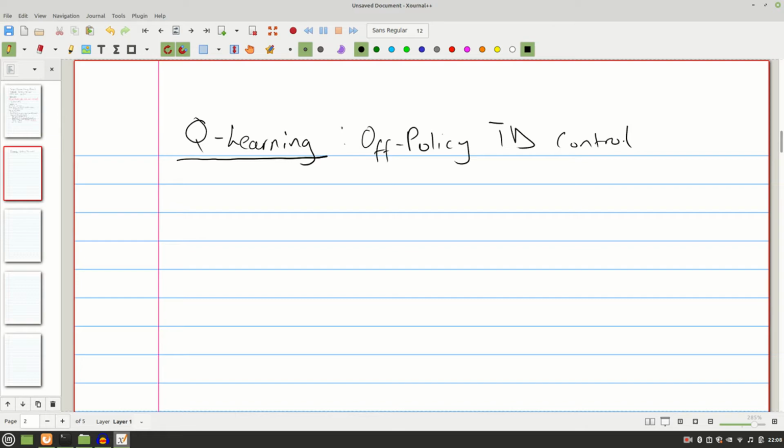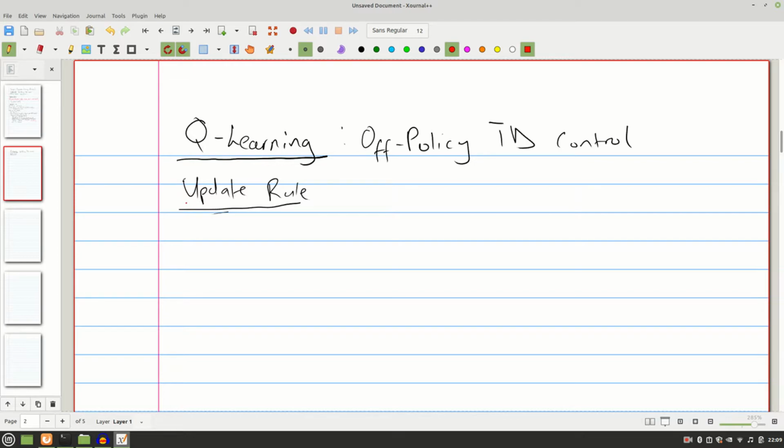First things first, to talk about this, we need to extend from where we came from with SARSA. So let's start with the update rule for this algorithm. What's the update rule for Q-Learning?